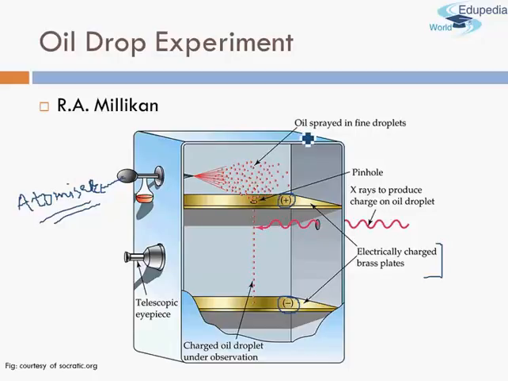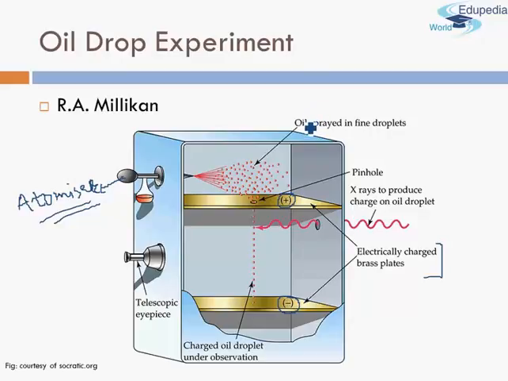Now the oil used here is of a specific kind. It is the type of oil which has very low vapor pressure. You might not understand what vapor pressure is at this stage. You will study that in detail in your class 12th, but for now you can remember that the oil used is of very low vapor pressure.